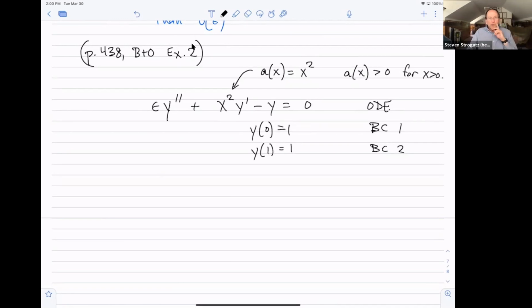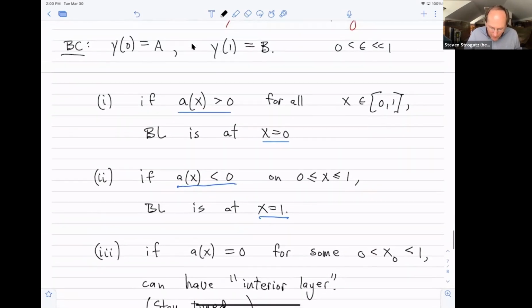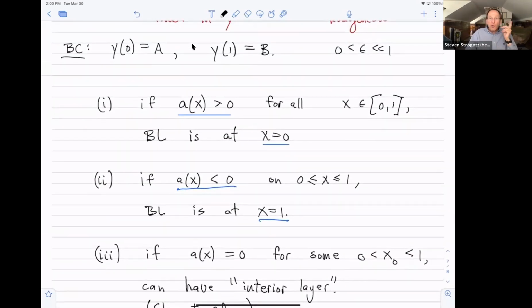However, a is equal to 0 at 0. So you might be a little worried because the criterion I just gave a minute ago said that I wanted a to be either strictly positive or strictly negative on the whole closed interval. Here, it's violating that at the left endpoint where it's 0. So that might make you a little nervous, but it really shouldn't.